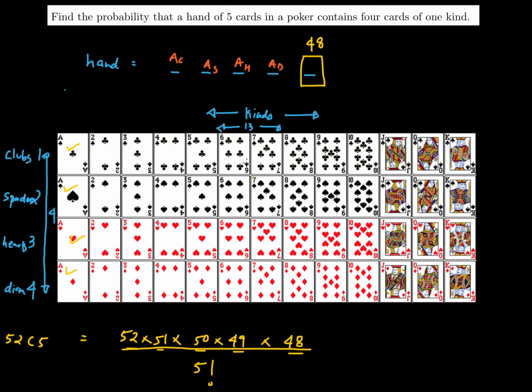Given this 52 choose 5, now I'm going to start thinking about how many different ways I can count a hand of 5 cards that contains 4 cards of one kind. In this case, there are 48 different ways to select the last card. So let's apply the product rule here.